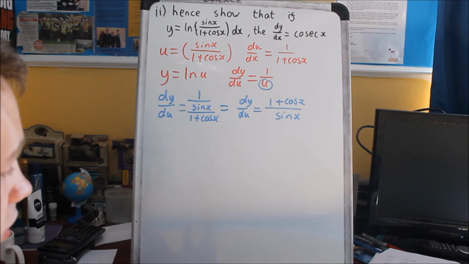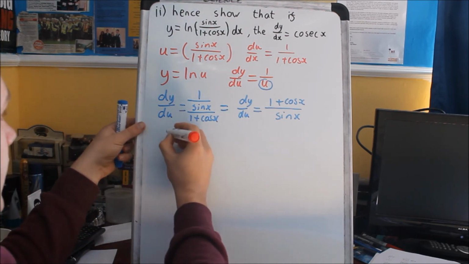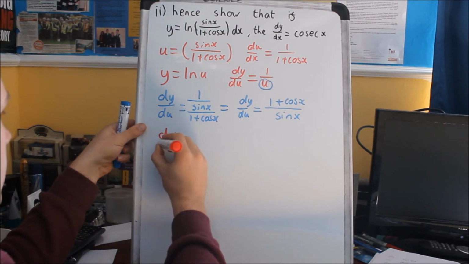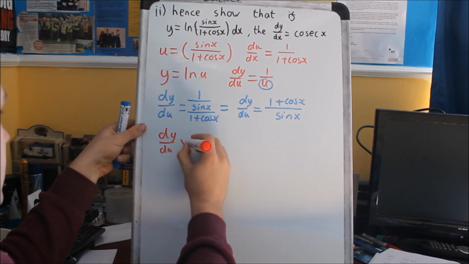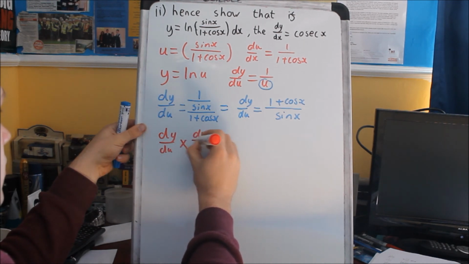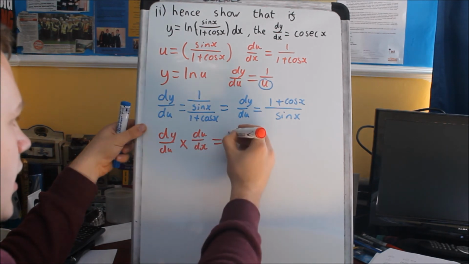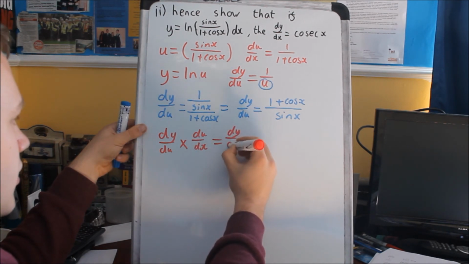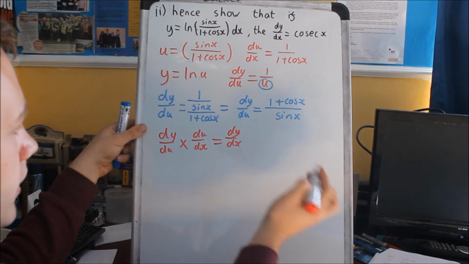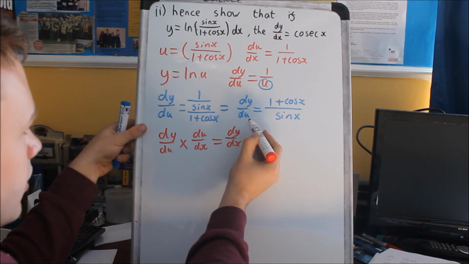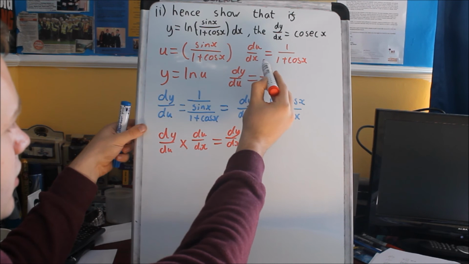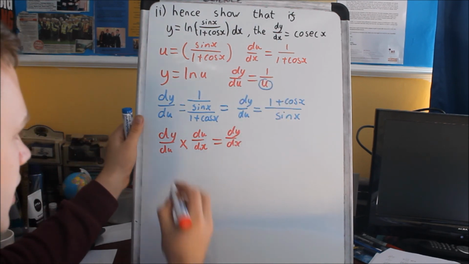Now with the chain rule, what we can say is that dy by du times by du by dx will quite nicely cancel out the du's and get you your dy by dx, which is what we want. We have dy by du, we've already worked out du by dx, so we can go ahead and times them together.